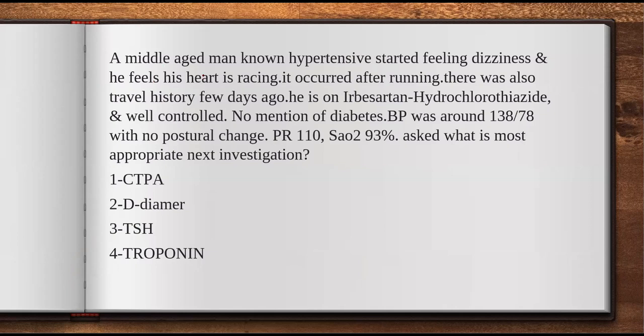A middle-aged man who is a known hypertensive started feeling dizziness and feels his heart is racing. So feeling dizzy, having palpitation occurred after running. There was a history of travel a few days ago.